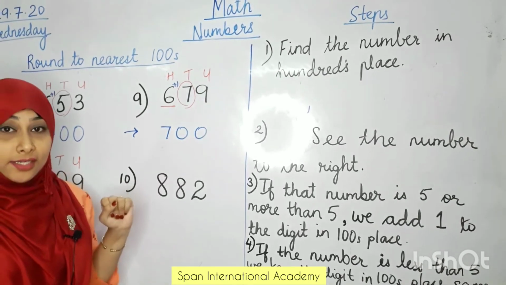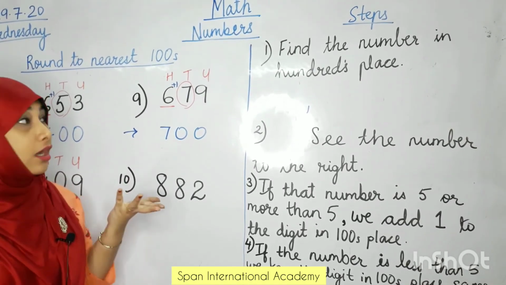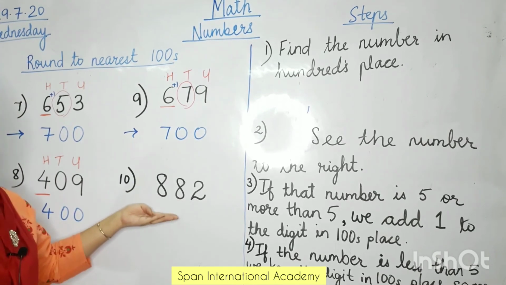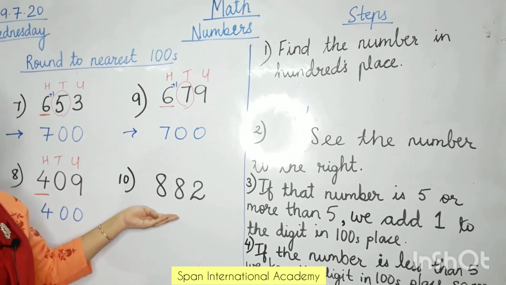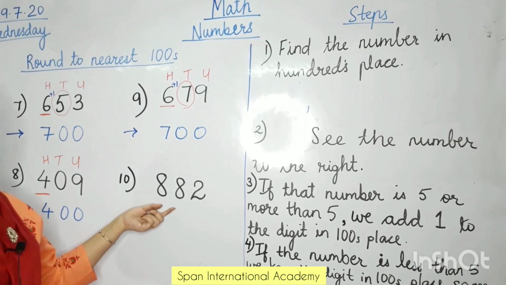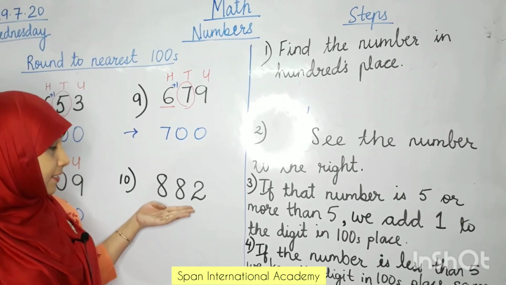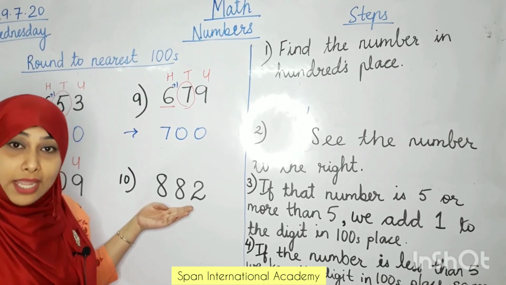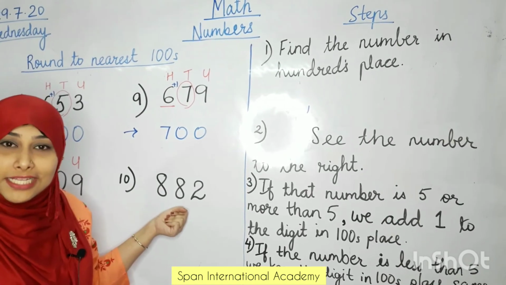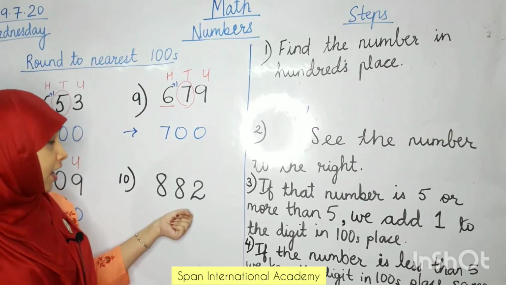Step number 1. Find the number in the hundreds place. So number 8 is in the hundreds place. Correct? Did you all find it? Very good. Now my second step tells me I have to find the number to my right. So it is again number 8, and that is more than 5.